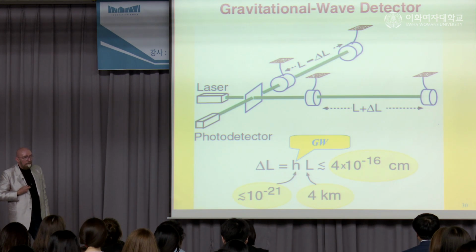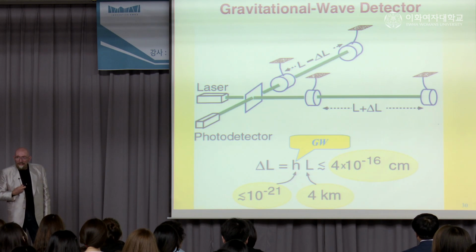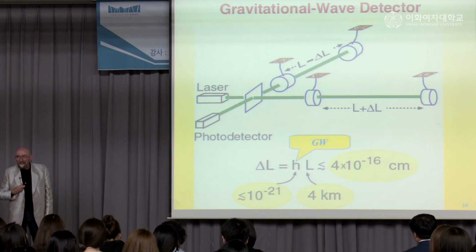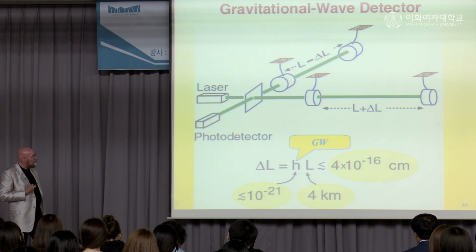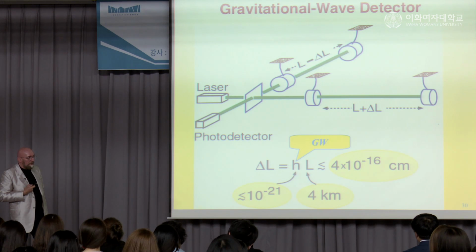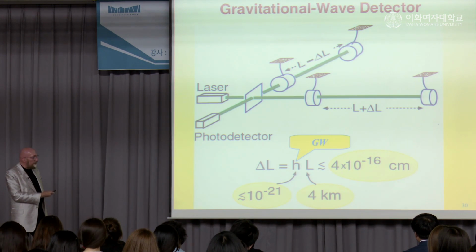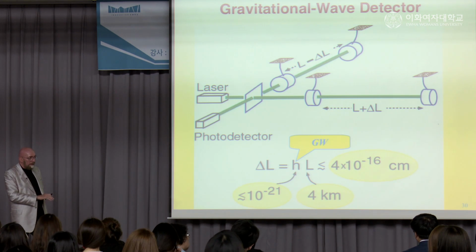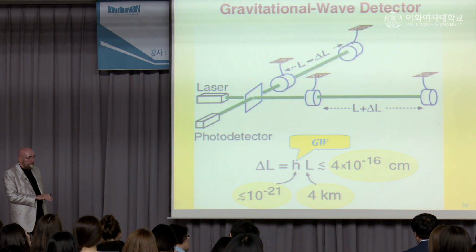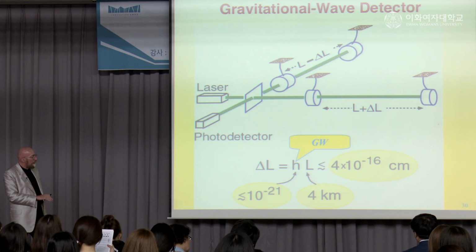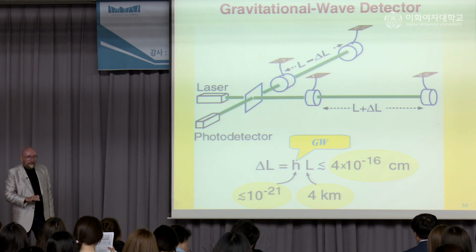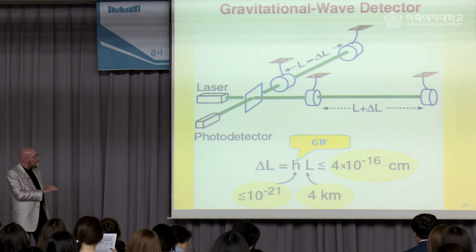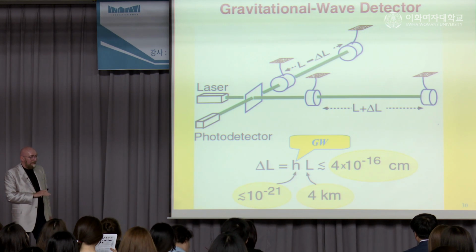Even for a 75-year-old physicist like me, it's useful to remind myself what 4 times 10 to the minus 16 centimeters is. In order to see these waves with confidence, the noise in our detector must be less than 1 times 10 to the minus 16 centimeters. Okay. In reality, with advanced detectors today, we are working at 1 times 10 to the minus 17 centimeters.